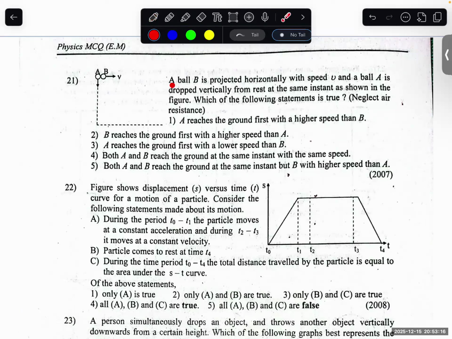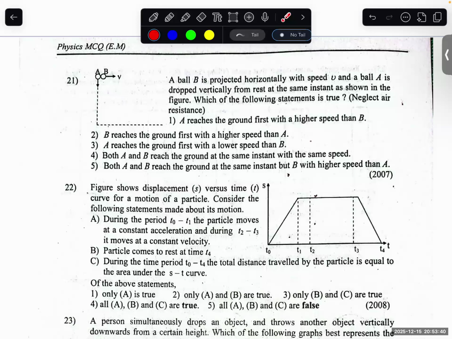Okay. Now a ball B is projected horizontally, as shown. Question number 21. Horizontally with speed u. And a ball A is dropped vertically from rest at the same instant as shown in the figure. Which of the following statements is true? Neglect air resistance.